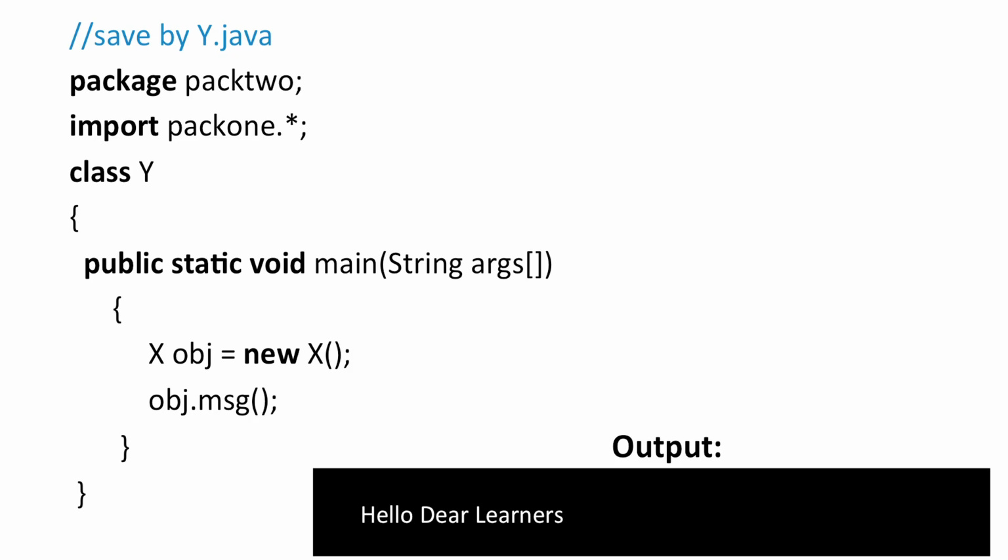So obj.message will be printing hello dear learners at the output. So output will be having hello dear learners, which is enabled from the X class, called in the Y class of package 2. The beauty of this import pack1 dot star made this possible.